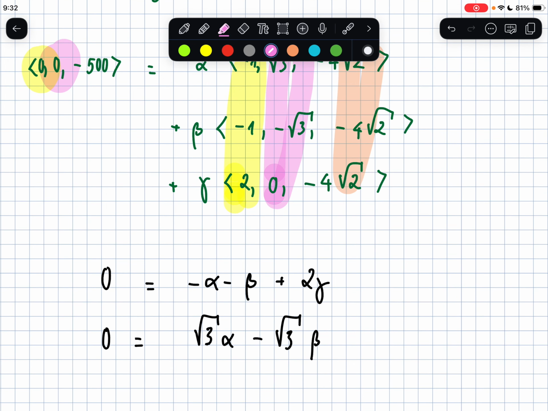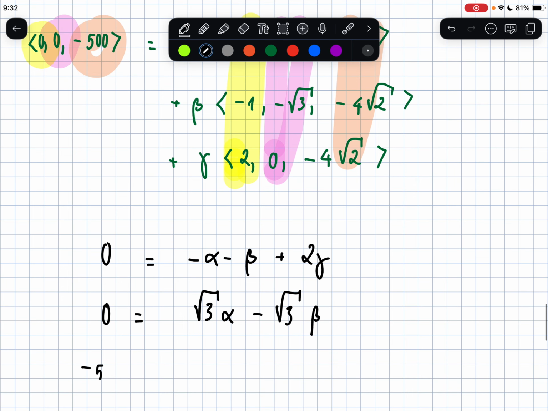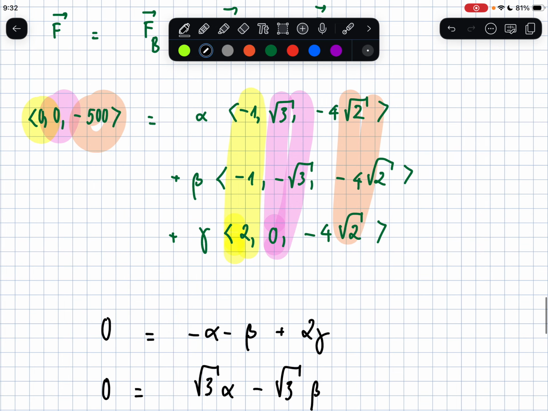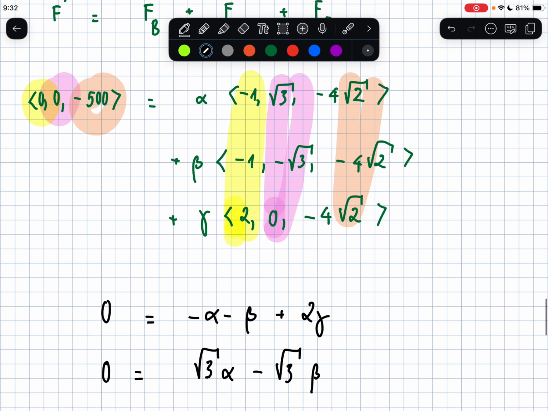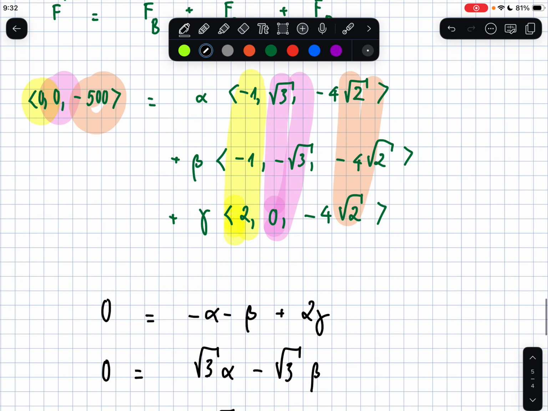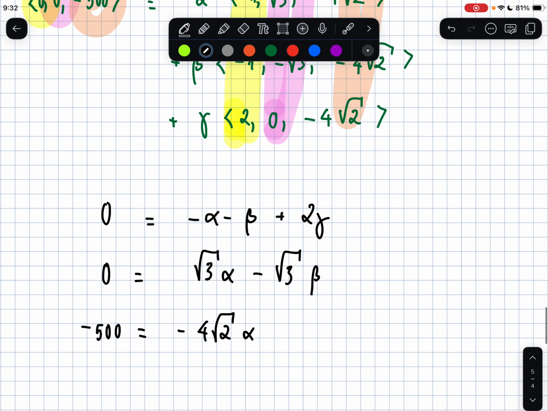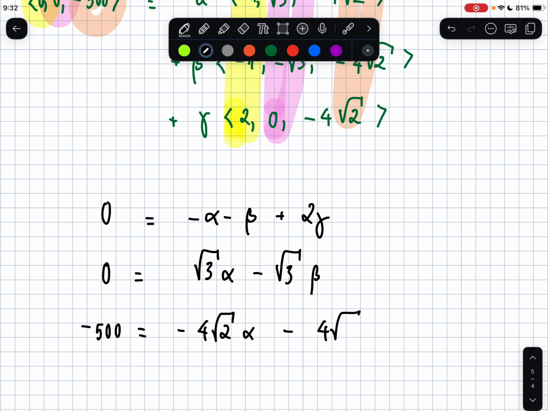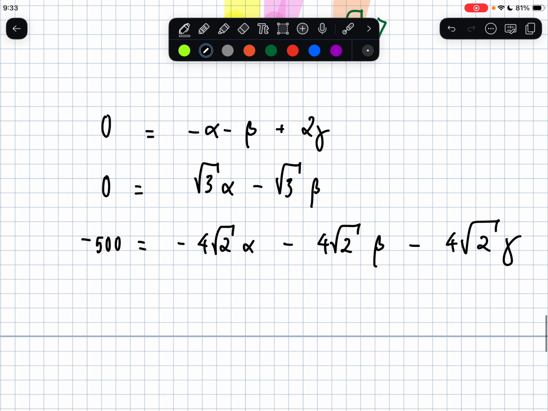And the last one, minus 500 equals minus 4 root 2 alpha, minus 4 root 2 beta, minus 4 root 2 gamma. Here we have a system of equations. You solve for alpha, beta, and gamma.